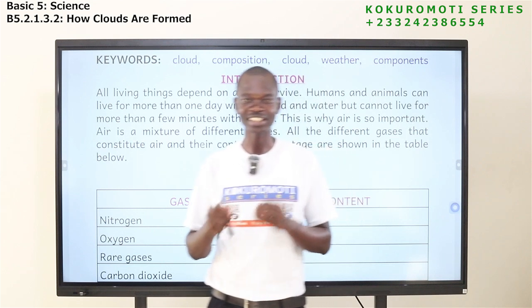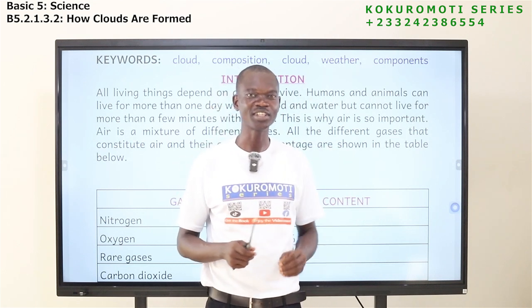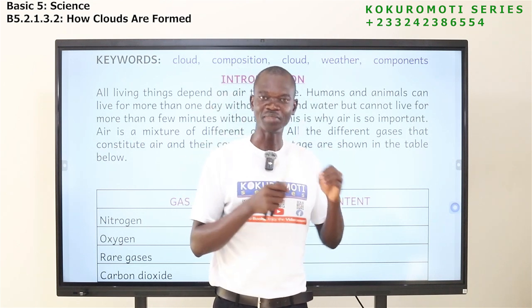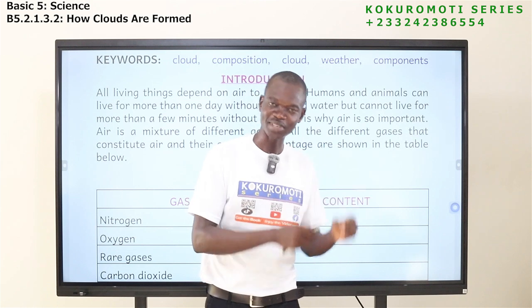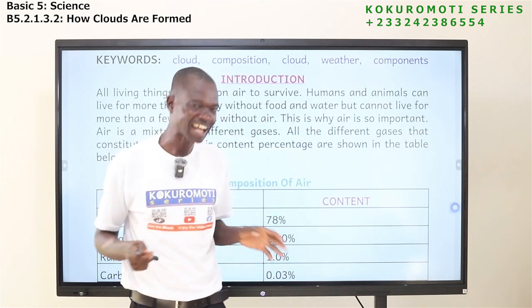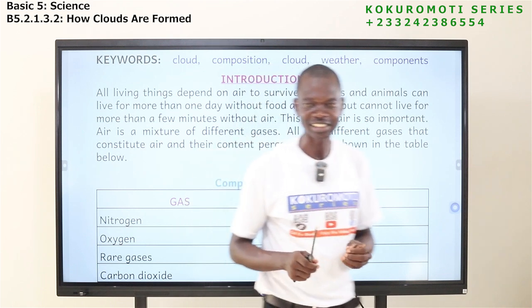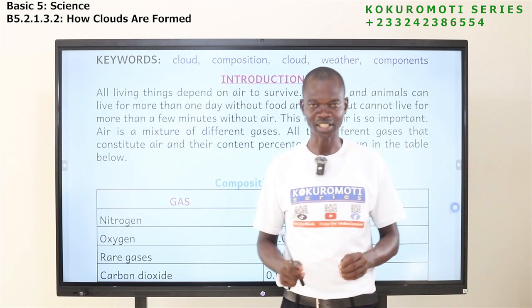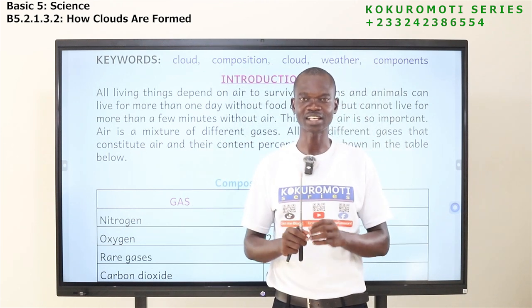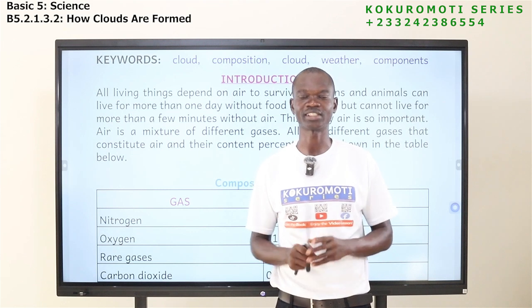But we cannot stay even 5 minutes, 30 minutes, or 1 hour without air. So we should understand that air is so important that all living things cannot live without it.